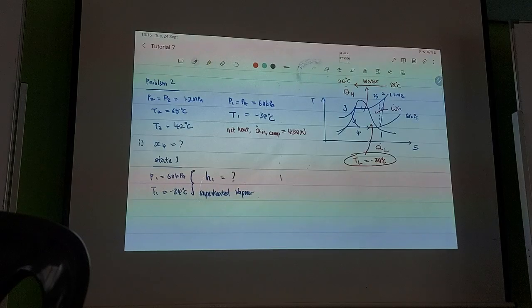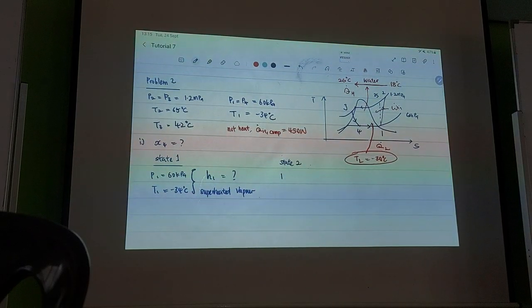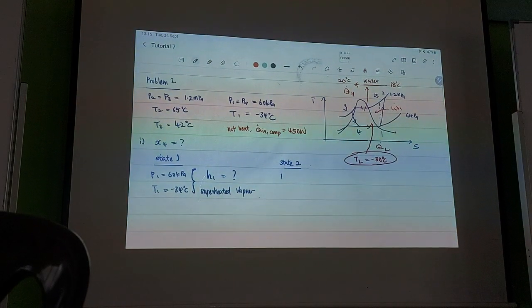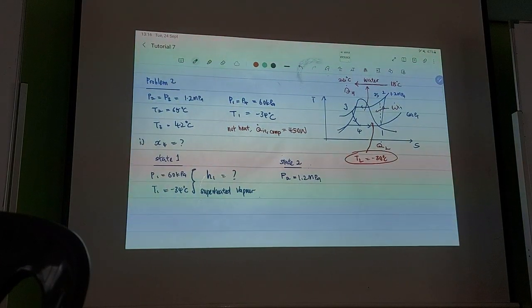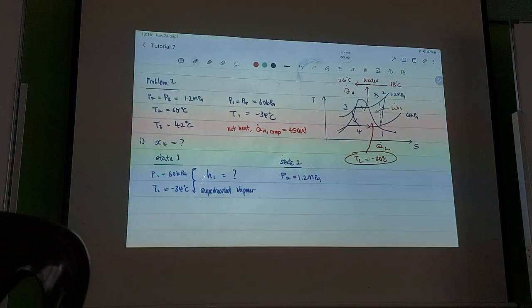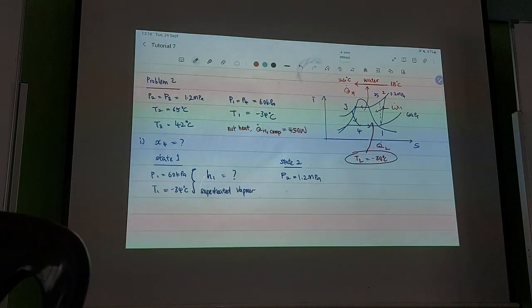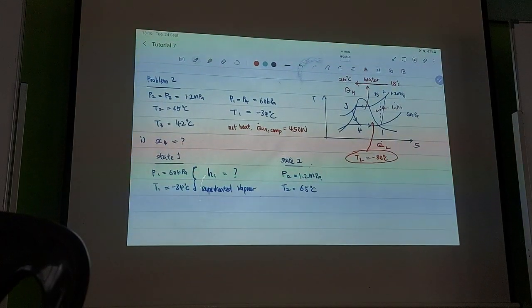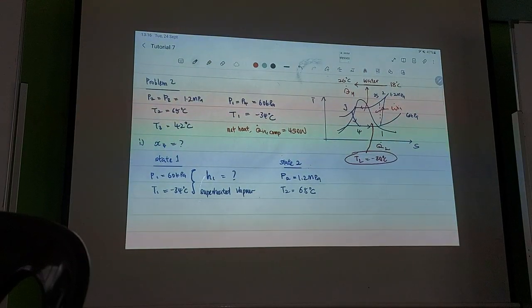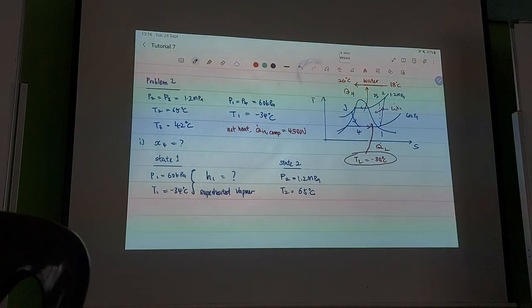After that, we go to state 2. We know that P2 is 1.2 megapascal. In this case, actually 2s has no meaning here because you are actually given T2 as well. Whatever information that is given to you in the question itself, they are always the actual information.